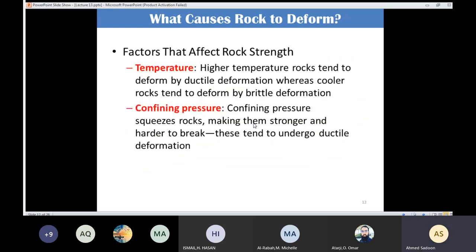So we have conditions, factors affecting the behavior of the rock. First, the factor is temperature. If I have higher temperature, the rocks tend to deform by ductile deformation. If you have lower temperature, the rocks tend to deform by brittle deformation. Also, if your rock is subjected to confining pressure, then the rock tends to deform by ductile deformation.